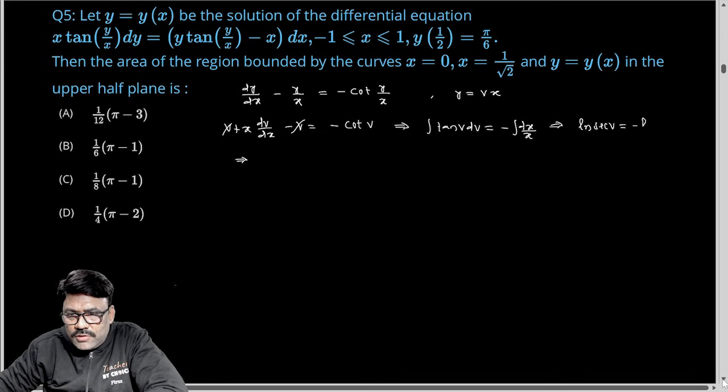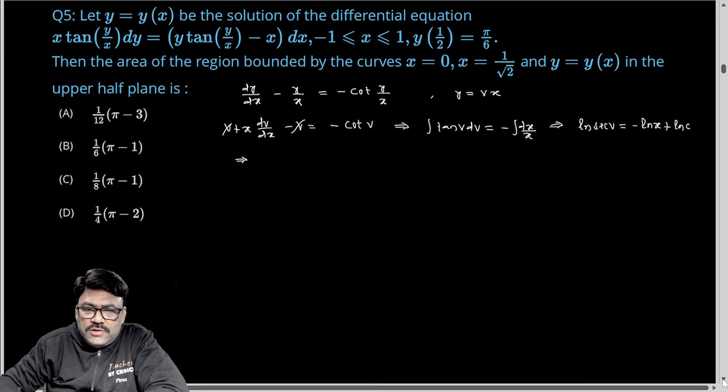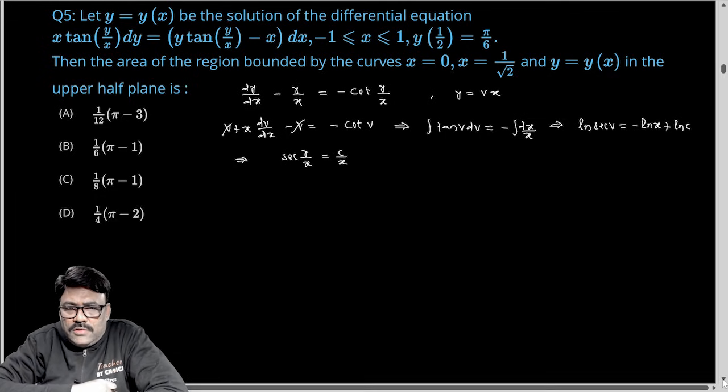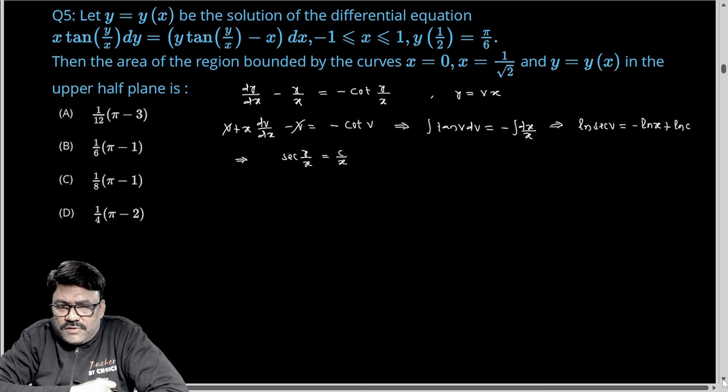So it is minus log x. Let's take the constant also as log c. So you are getting secant y by x is equal to c by x.